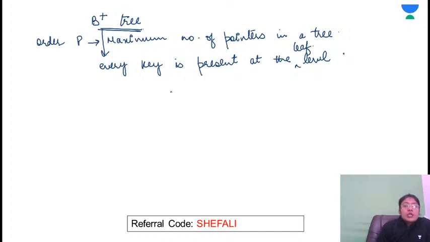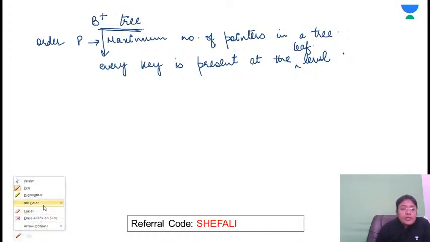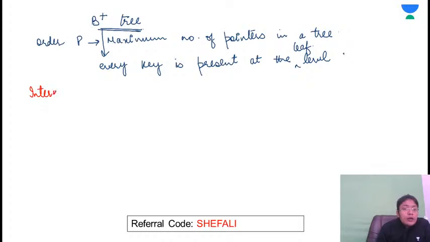Okay. So there is this difference in the structure. Since all the keys will be present at the leaf level, this means that at the internal level we need not have the record pointer, because a record pointer tells you where that record is present in the database.